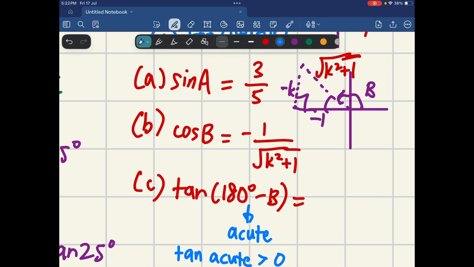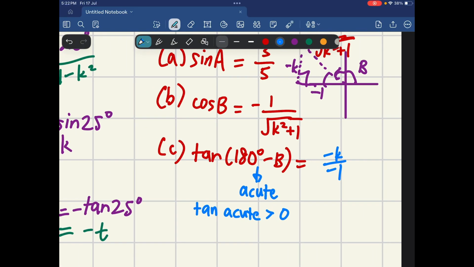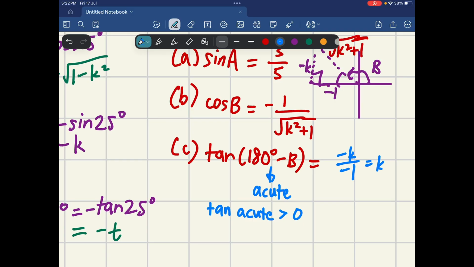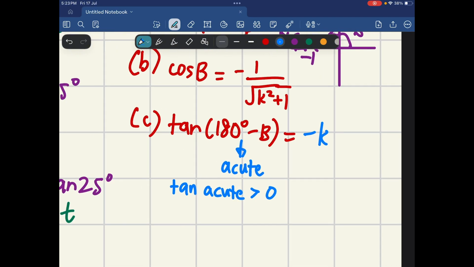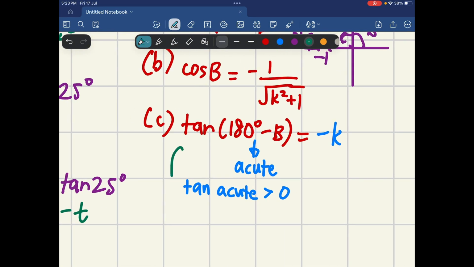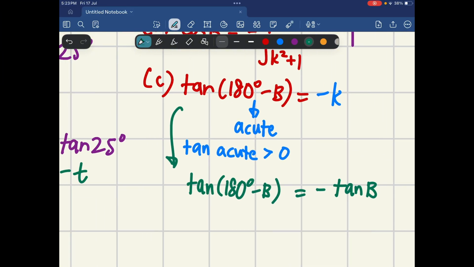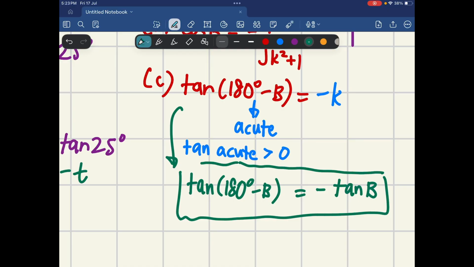So as such, it will be minus k over minus 1 in terms of your regular tangent, but this will give you a negative value, right? So actually your answer is minus k. And this also follows the formula that tangent 180 degrees minus B will be minus tangent B. So we're using this formula if you can identify it, or we're using some thinking skills.